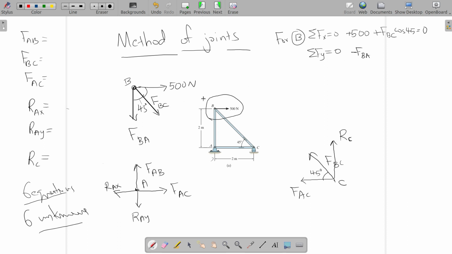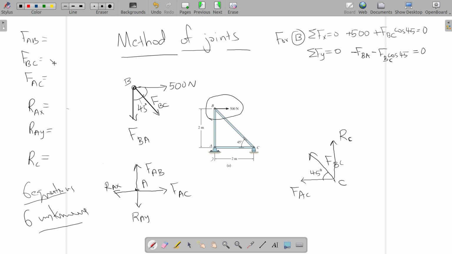And you have a component of FBC, cos 45, that is the component in vertical direction. It's again downwards, negative, so equal to 0. So in the first equation, FBC is the only unknown. You can calculate FBC.